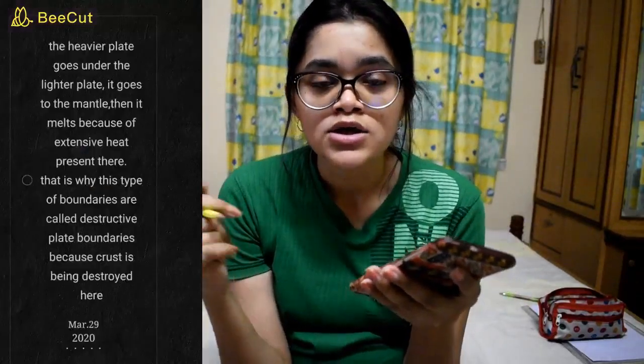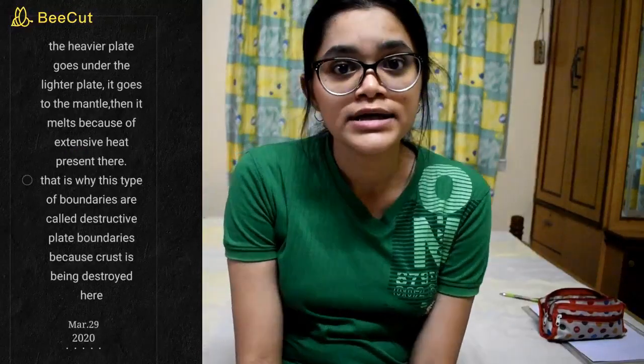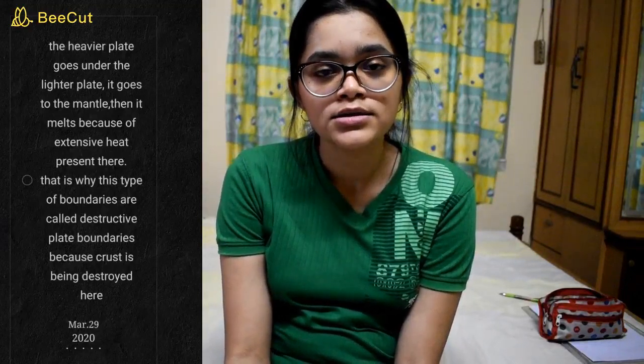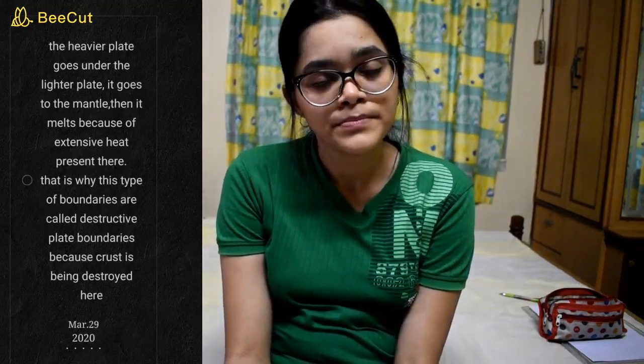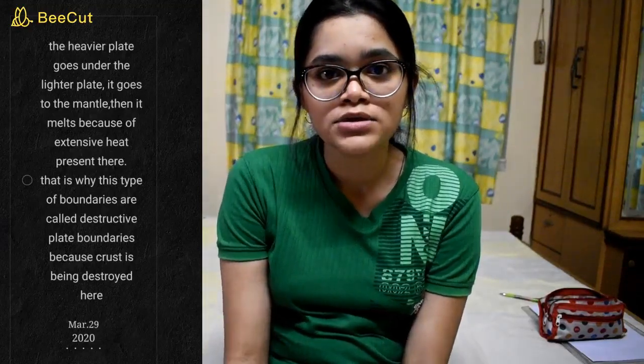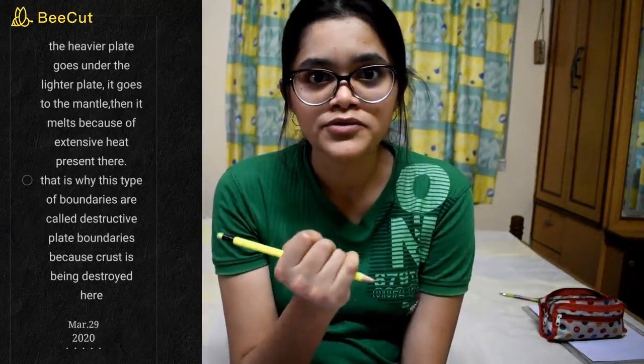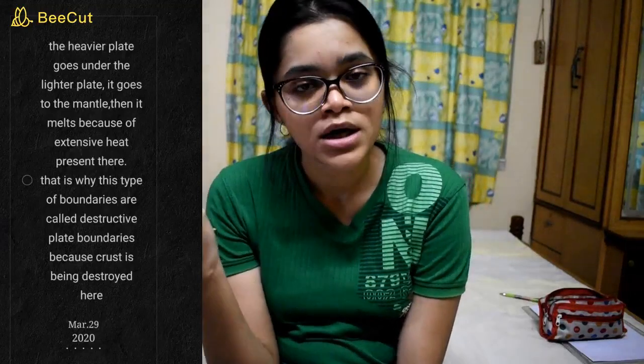As we know, in a convergent boundary two plates are meeting together and there is a collision. The plate which is heavier in thickness and weight will go under the lighter plate and subduct there, and the subducted part will melt because of the extensive heat in the mantle.